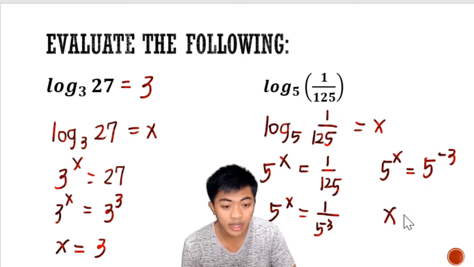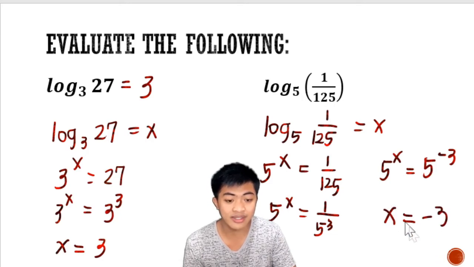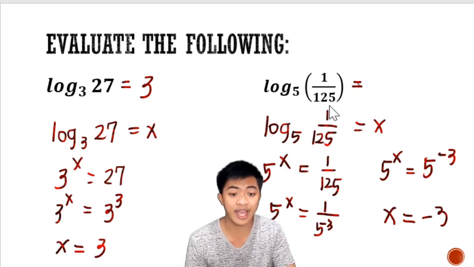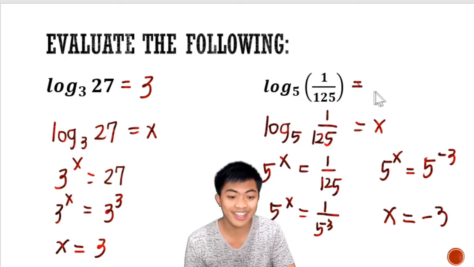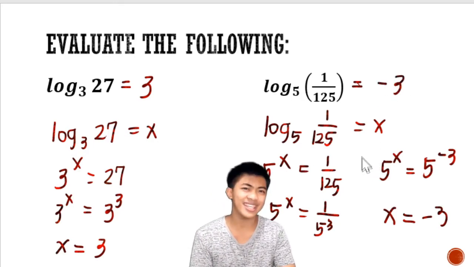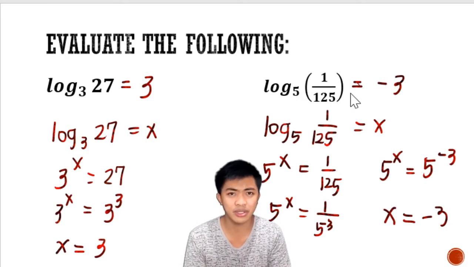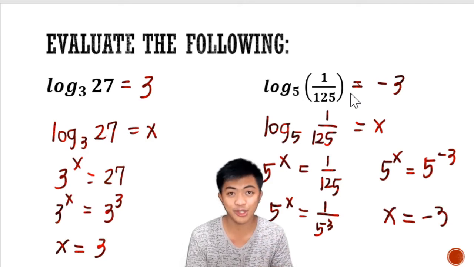We can now equate the exponents. So the value of x is negative 3. Now the logarithm of 1 over 125 to the base 5 is negative 3. It's very easy. If you don't know how to solve exponential equations, please watch my video on exponential equations. I'll leave it in the description box below.